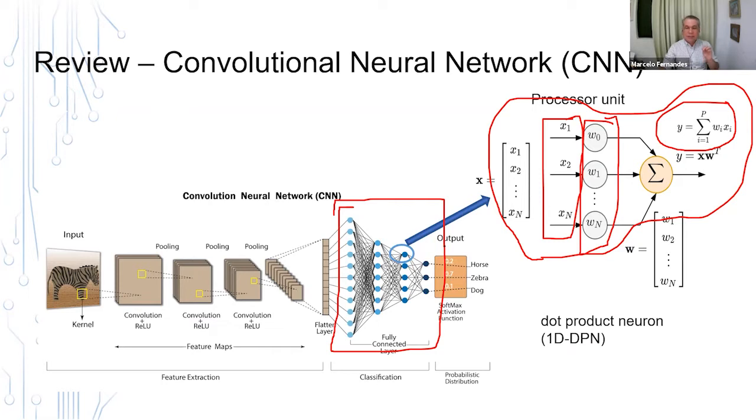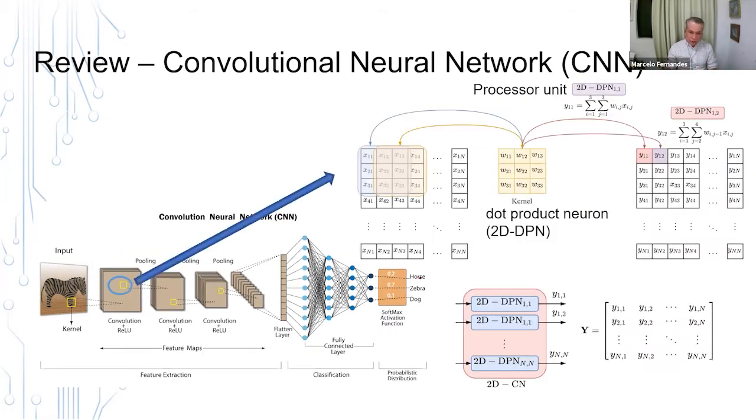This is the processor unit in the fully connected part inside the convolutional neural network. It's important for us now to see the parts of the convolutional neural network as processor units.